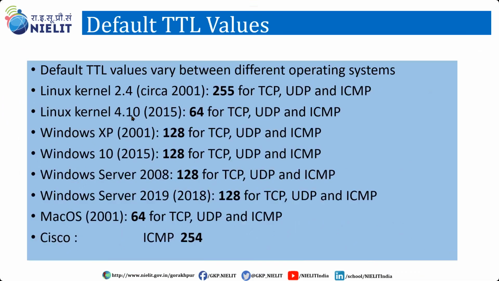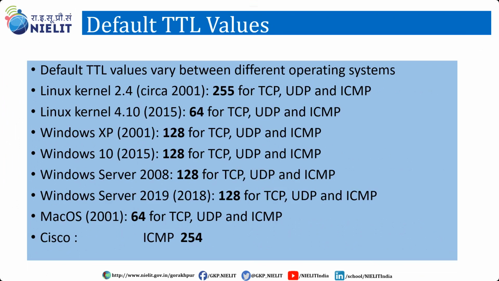Similarly, for kernel 4.10, released in 2015, it is 64 for all these protocols. Windows XP and all versions of the Windows operating system have a default TTL of 128. For Cisco-based devices, it is 255 or 254. macOS also has a default TTL value of 64. So this is the default value configured on the remote machine.